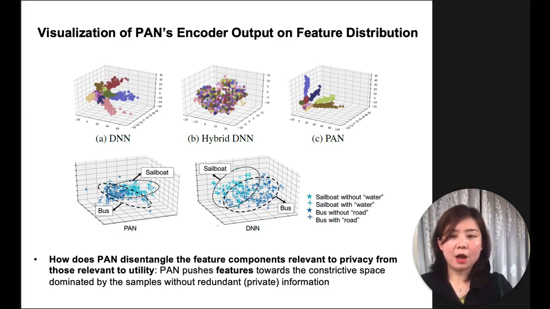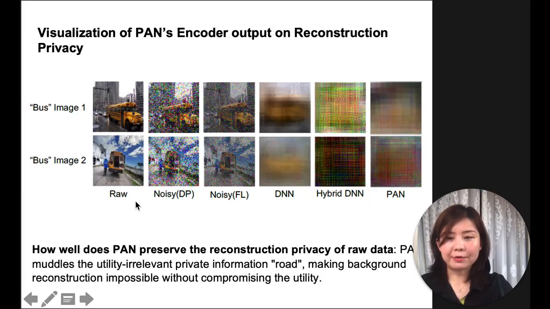to see how the PAN disentangles the feature components relevant to privacy from those relevant to utility. We can see that the PAN pushes the features towards a more constrictive space, and this space is dominated by the samples without redundant private sensitive background information.